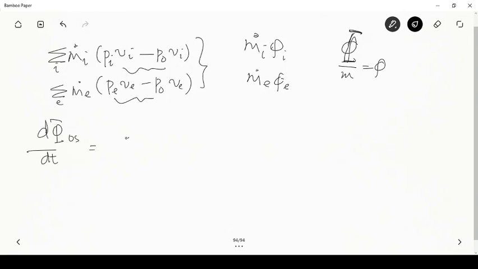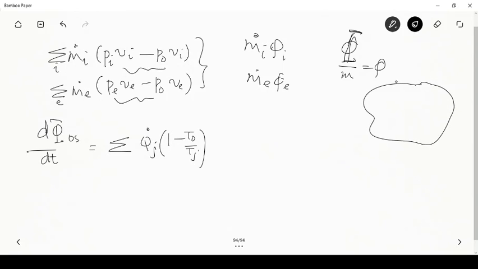This would be a summation. In the closed system also you had this q dot j, where j is a segment of a boundary, multiplied by 1 minus T naught by Tj. So suppose I have an object whose boundary can be divided into multiple segments like this, j equal to 1, 2, 3, etc., up to, let's say, m.